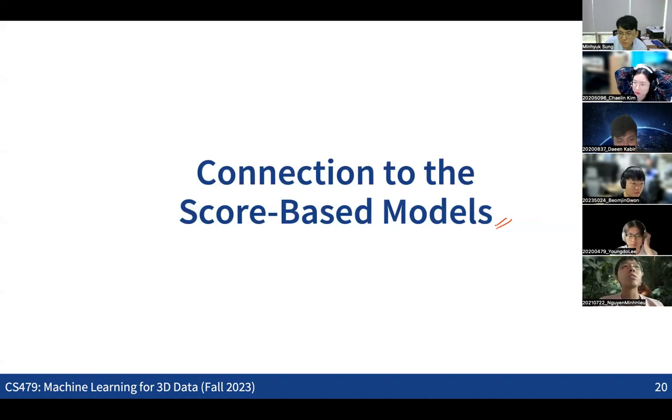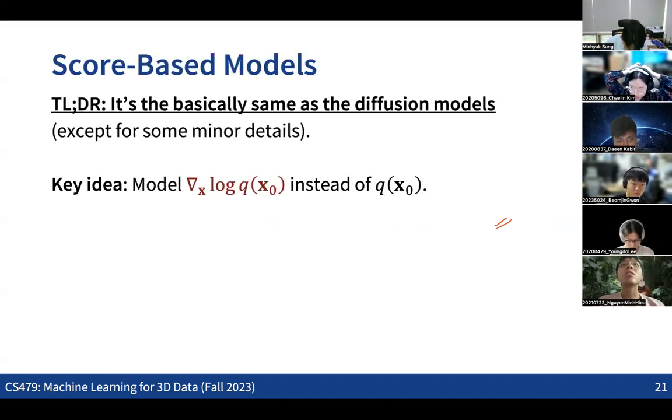You might see that people interchange the terms diffusion models and score-based models. Sometimes people call diffusion models score-based models. And actually, these two are basically the same thing, except for some minor details. We're going to see how these two things are connected to each other.